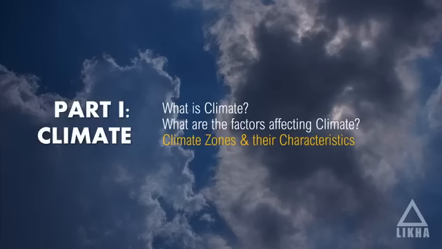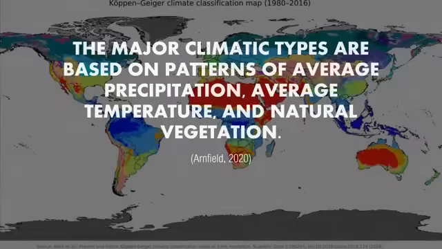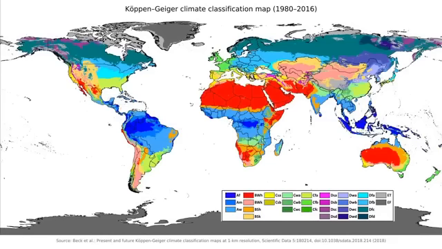Okay, so we're on the third leg of this part. Now that we probably have that general overview of what climate is, and taking special note of precipitation and all of those elements that drive climate, we can now try to define the different climates that we have on the planet.